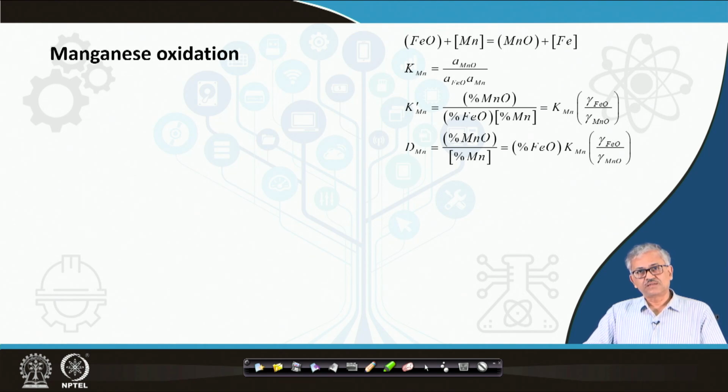But the basic oxide MnO cannot form a very strong compound with the lime, because lime is also a basic oxide, calcium oxide is a basic oxide, MnO is a basic oxide. Their activity coefficient will not be less than 1, it will be greater than 1, because they will repel each other. That is the problem, MnO cannot be very easily kept in a basic slag.